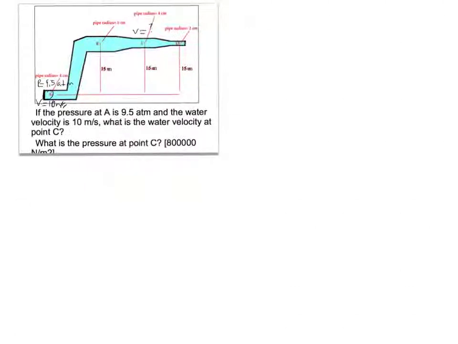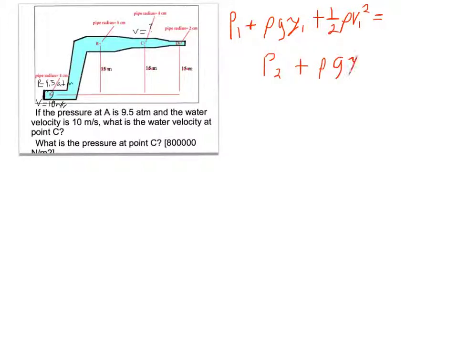Okay, so Bernoulli's equation says initial pressure at point 1 plus rho g, the height of point 1, plus 1/2 rho times the velocity squared at point 1 equals pressure at point 2 plus rho g, the height at point 2, plus 1/2 rho times velocity at point 2 squared. Let's see if we know everything in this equation, or know enough to find velocity before we start plugging in.